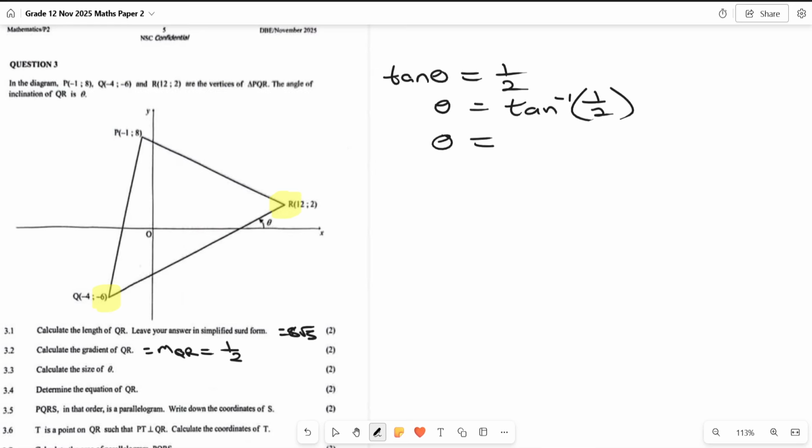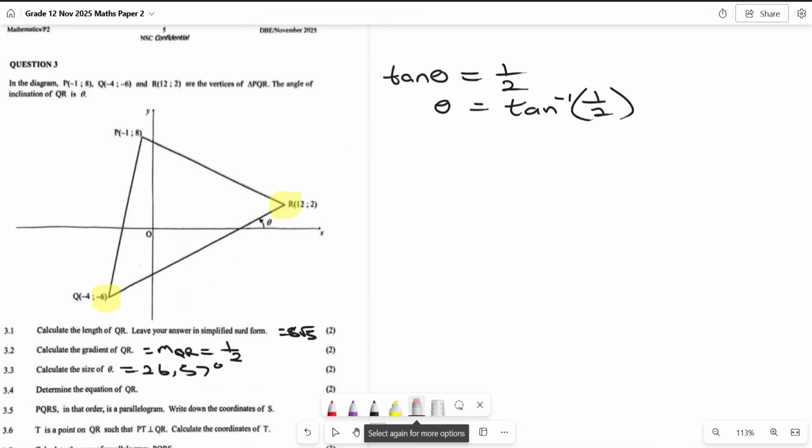Shift tan 0.5. Our answer is going to be 26.57. I think we should just round that off. And that is going to be our angle, equal to 26.57 degrees. Now we need to find out what is the length of QR. Oh, the equation, sorry. I was like, what? We already did that.